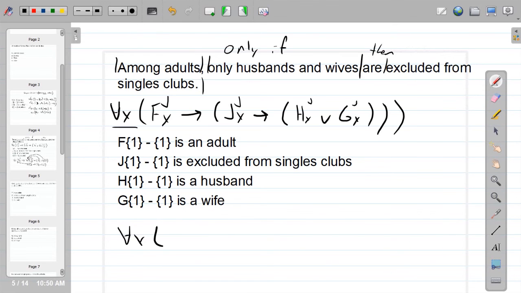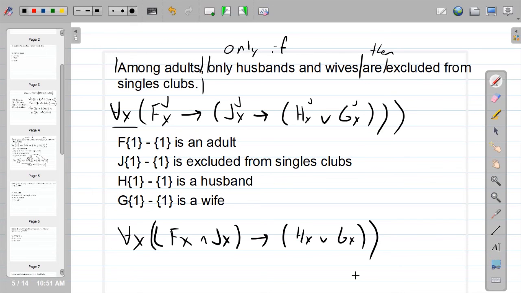If Fx and Jx, then Hx or Gx. And that's just as good. So what we've done is just pack more into the antecedent of the first conditional. If you're an adult and you're excluded from a singles club, then you must be either a husband or a wife.